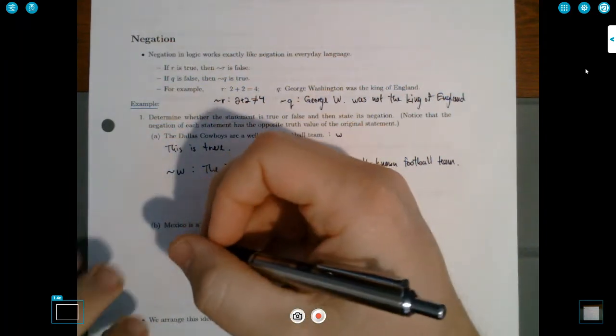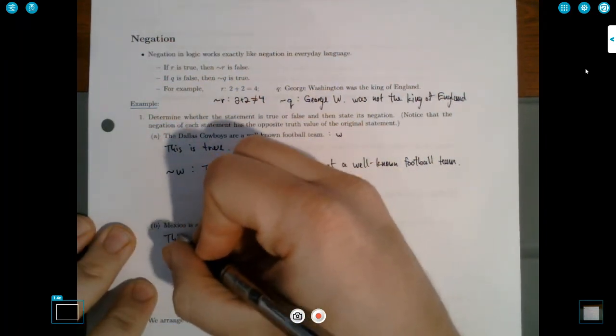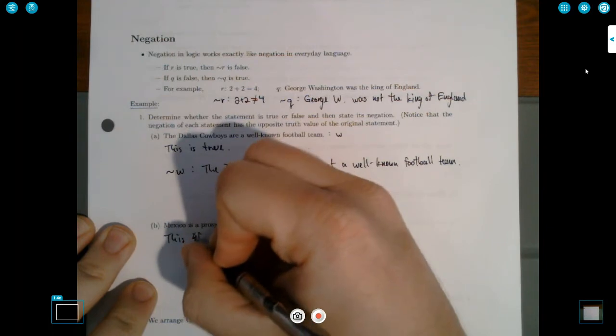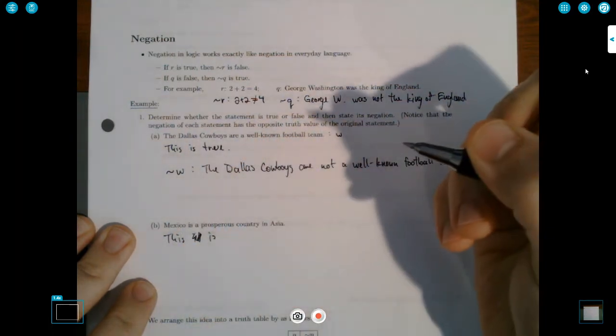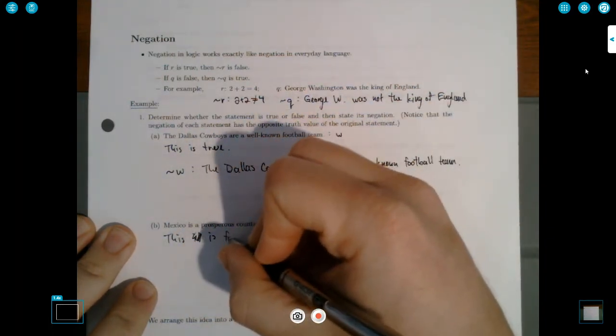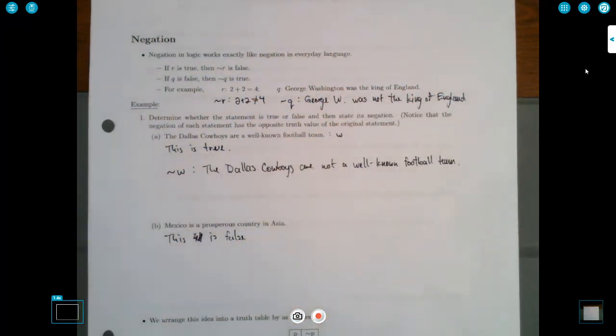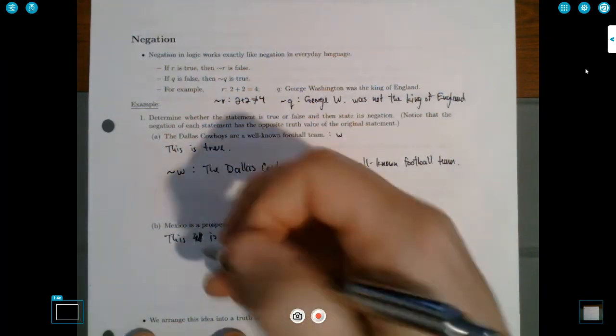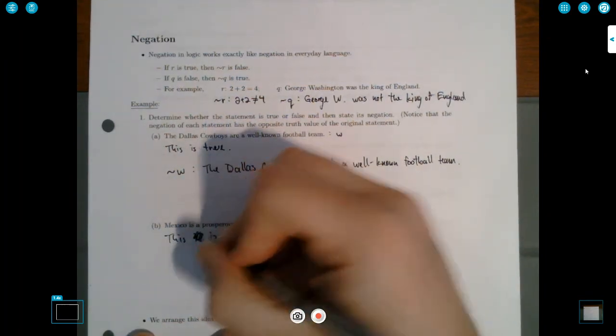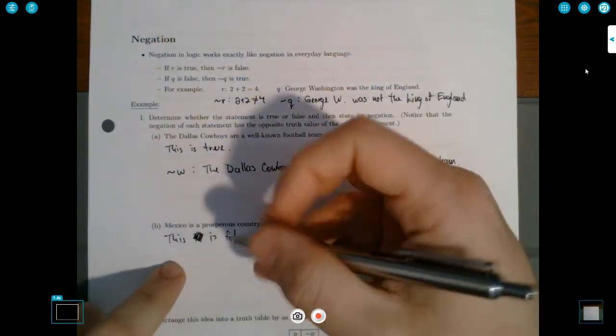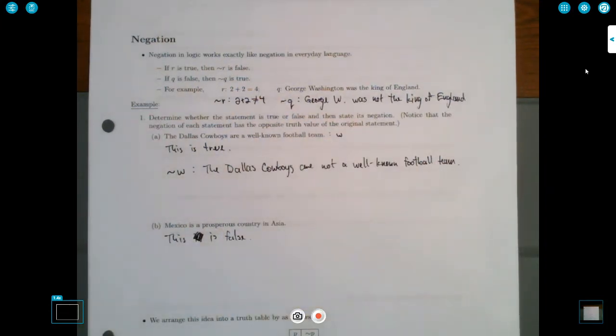You didn't know that you would take a math class and learn geography, right? But if you didn't know that Mexico is the country that borders us on the south, then I think you've got some problems. But no, this is a false statement, right? So Mexico is a prosperous country in Asia. False, right?